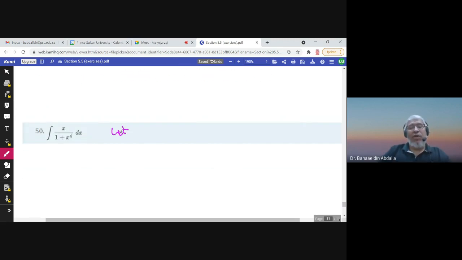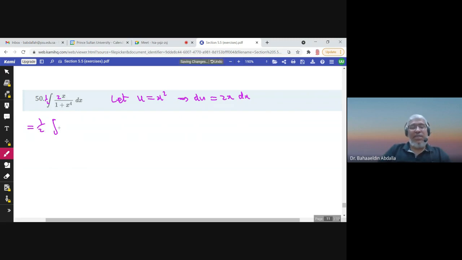I'll take u here to be x square. Derivative would be 2x dx. So I need 2. Now 2x dx is du. And here I have 1 plus x to the power 4.